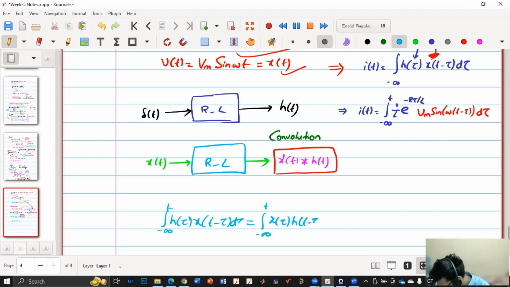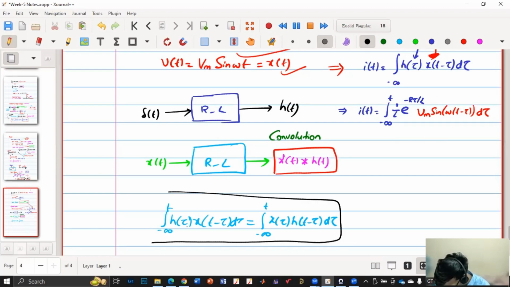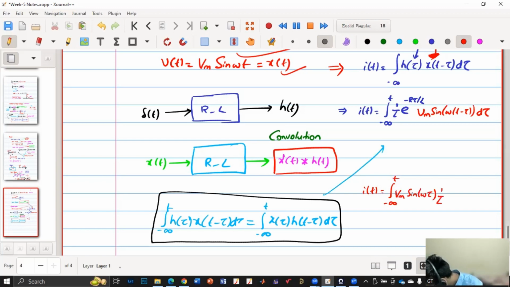Because whether I write this first and that next, or that first and this next, both are the same. You can get this from the basic integral. You only have to consider t minus tau to be some new variable. So if I apply this, I'll get I of t is equal to the integral from minus infinity to t of Vm sine omega tau, 1 by L e to the power minus R (t minus tau) by L d tau.